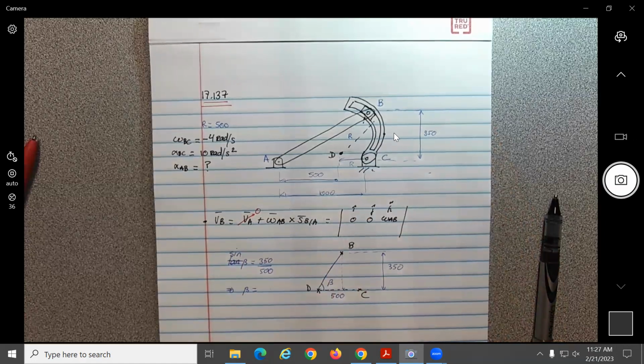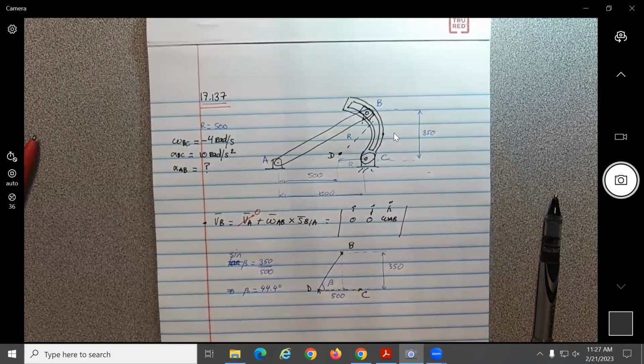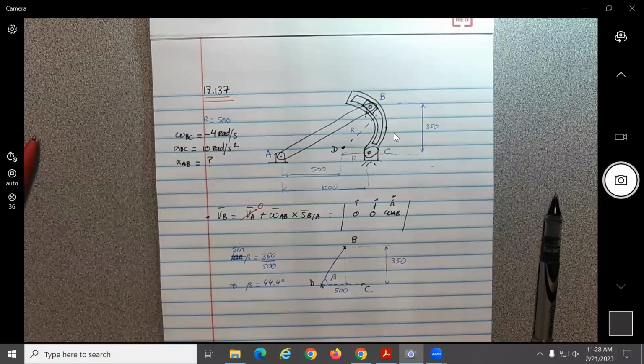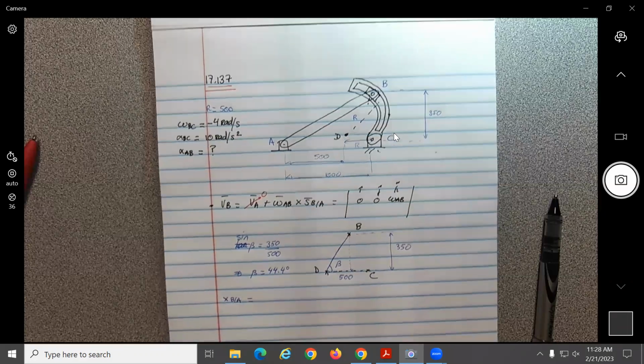Correct, so if you take the sine beta now, is it 44? Yeah, 44. You take the sine beta. 44.4 degrees, okay? Okay, so now if you want the X position of B with respect to A, it should be equal to what?